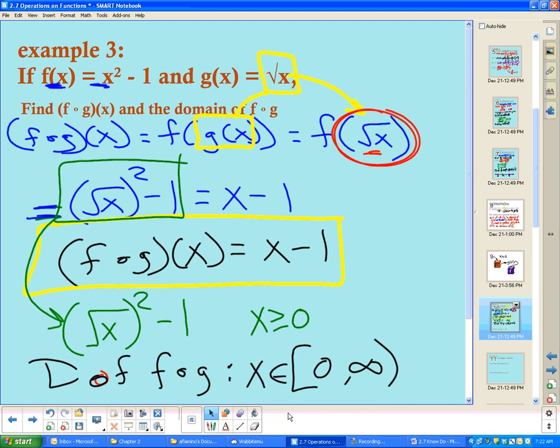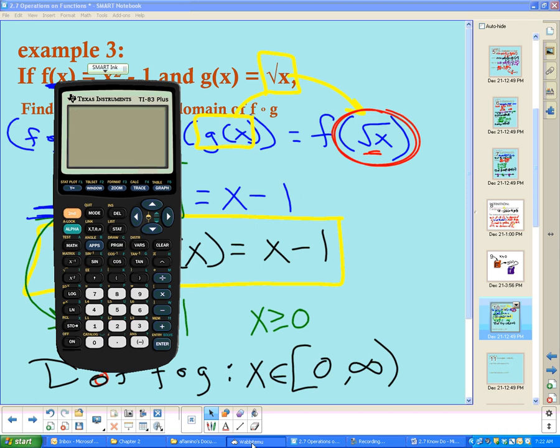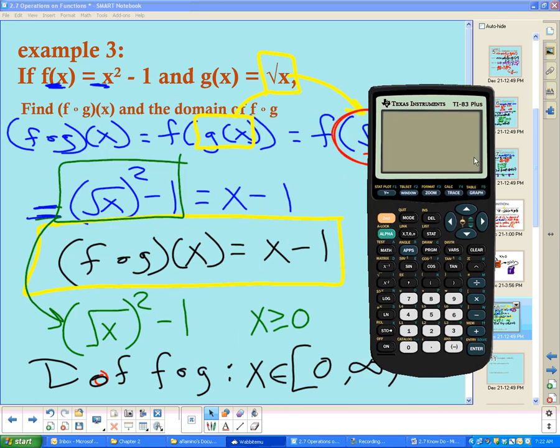I can confirm that graphically as well. If I take my calculator and put in the unsimplified version of this, I'm going to go y equals, parentheses, square root of x, close the parentheses for my input, close it for my grouping symbol, and I square it, minus 1.